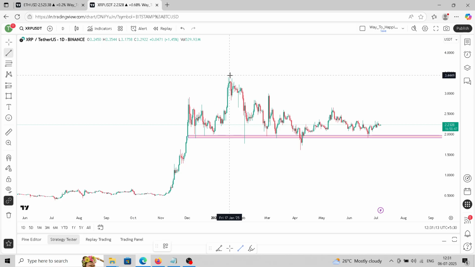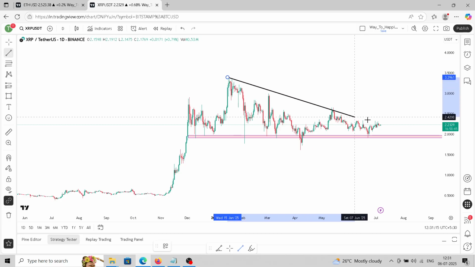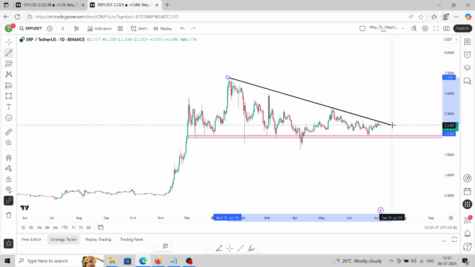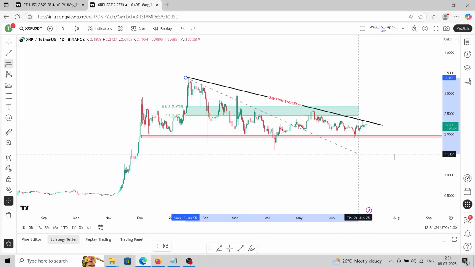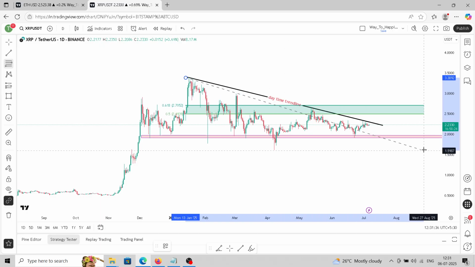Okay, and XRP is also following this. What is this? This is a daily time frame trend line. Okay, is there anything else which XRP is doing? XRP must have already touched the 0.5 area. Yeah, it has already taken a rejection here.